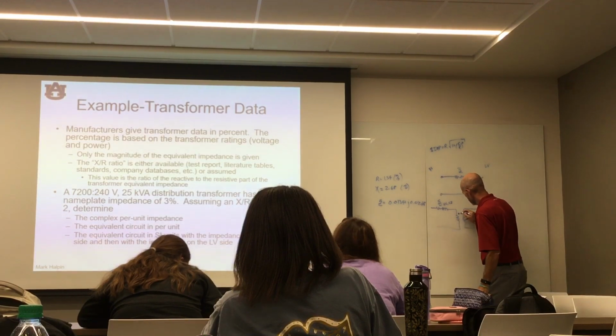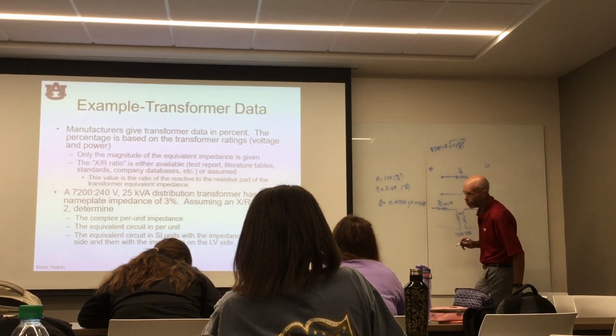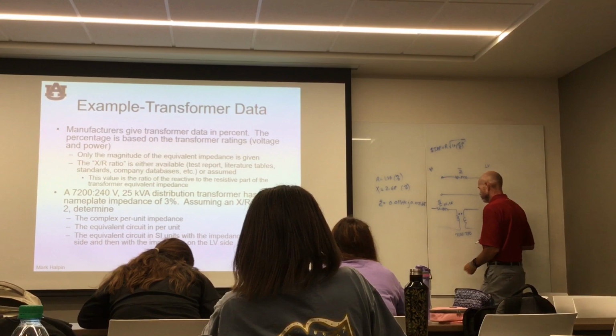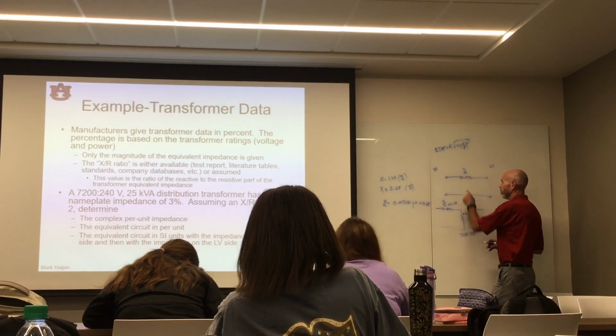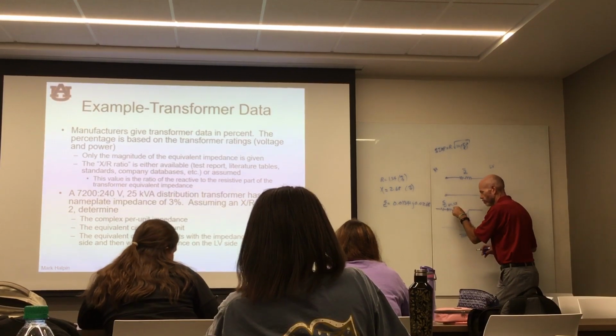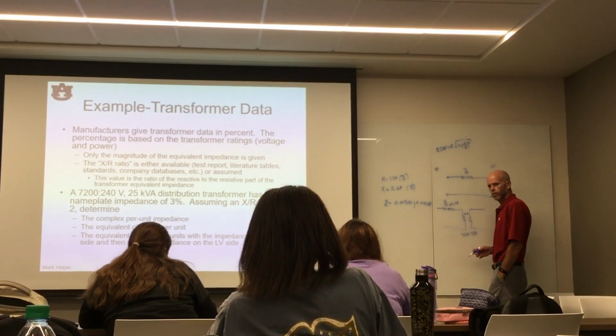Now, that's 7,200 to 240. All right, so I need that. Well, how do I go from per unit to SI? I need the base, right?